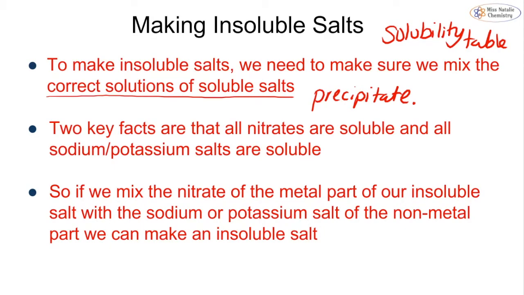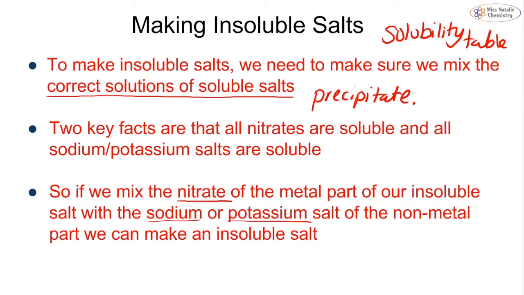So two key facts that we know from our double studies is that all nitrates are soluble and sodium and potassium salts are soluble. So if we mix a nitrate of our insoluble salt with a sodium or a potassium, we're going to make a soluble solution. So we may be able to then form an insoluble salt that will be in that solution.